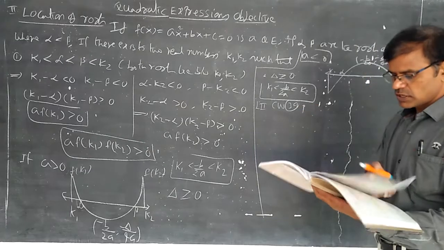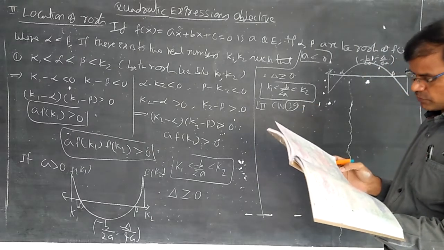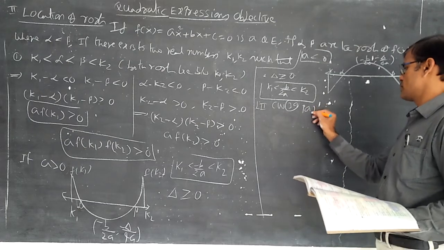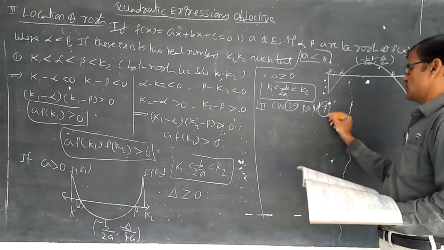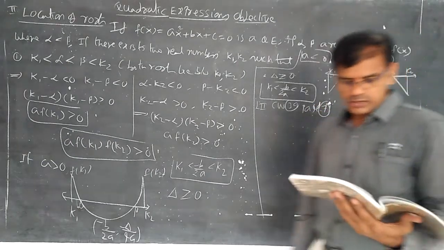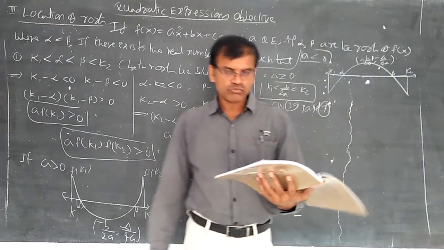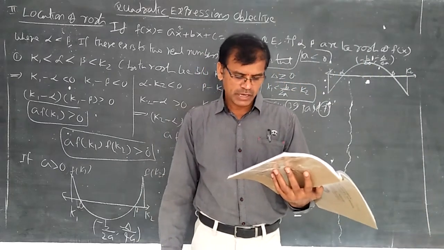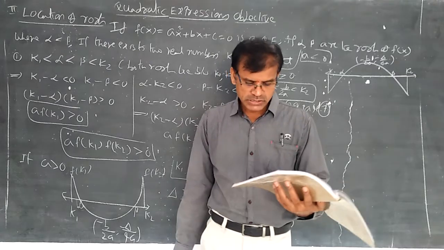Level 2, class 39 questions, page number 71 in our material. All the values of m for which both roots of the equation are greater than minus 2 but less than 4.